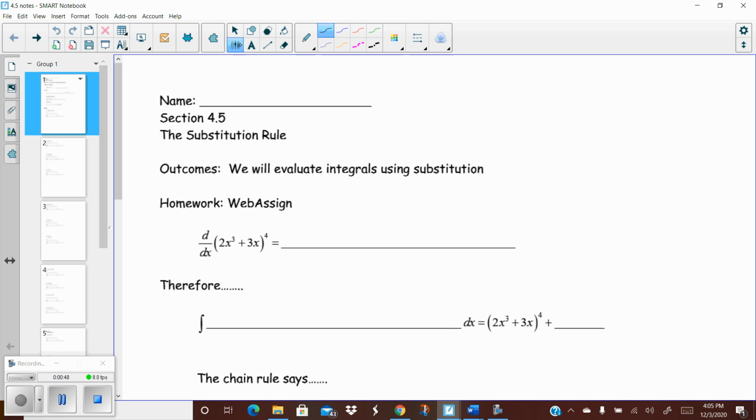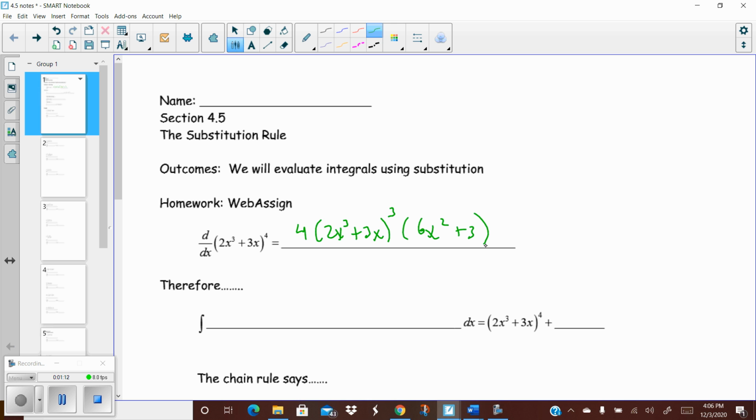So for the derivative, you would bring the 4 out to the front, times 2x cubed plus 3x, reduce the power by 1, and then multiply that by the derivative of the inside, or the composited piece, which is going to be 6x squared plus 3. So there's the derivative of your composite function.